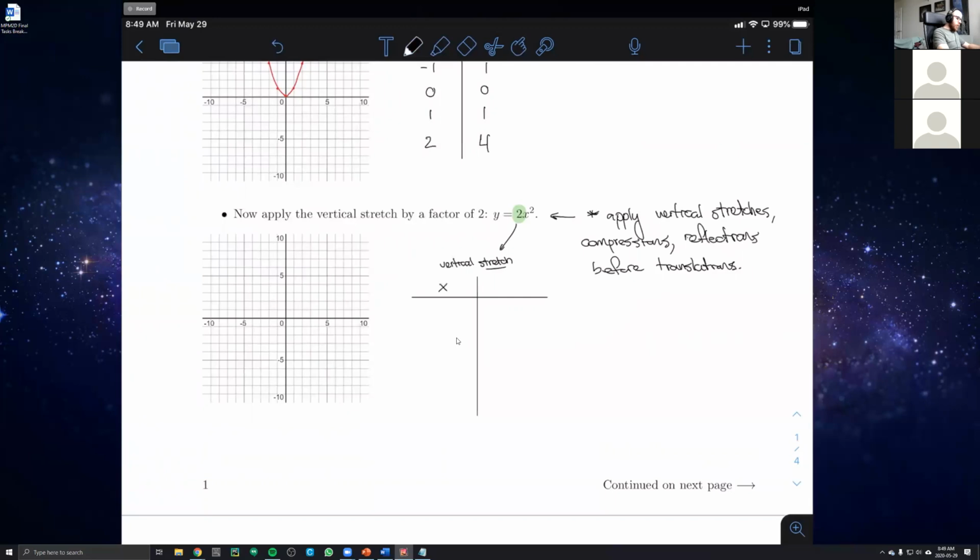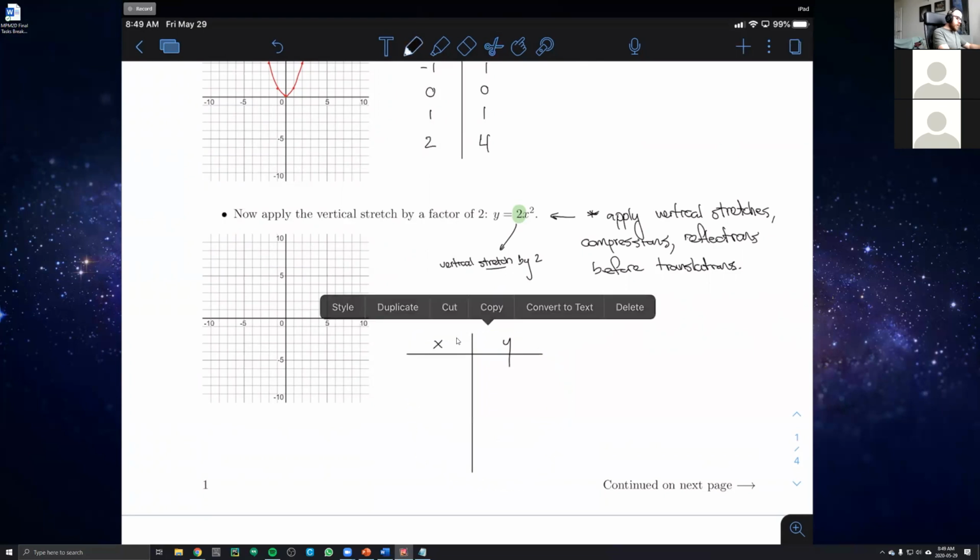When we deal with translations, then we're going to be adding and subtracting, but stretches and compressions, they're all about multiplying or dividing, right? So in this case, a vertical stretch by 2, or by a factor of 2, whatever terminology you want to use, what that's telling us to do is multiply all the y values by 2.